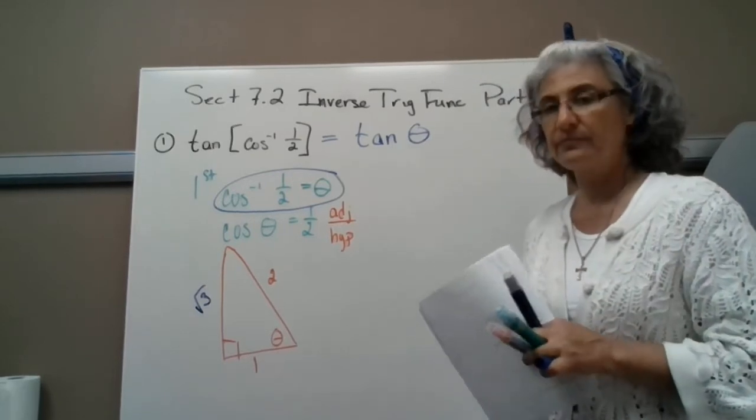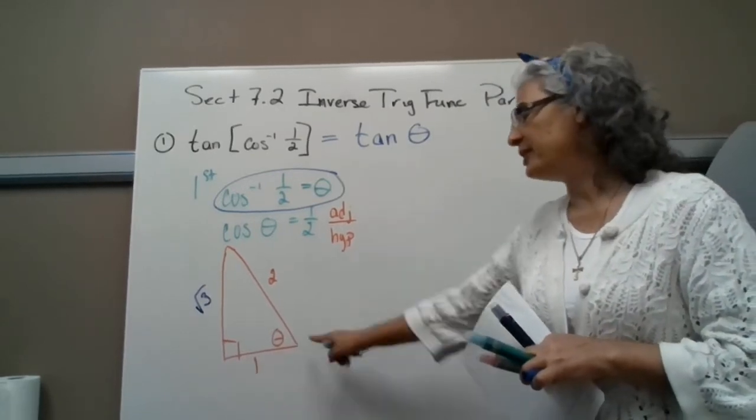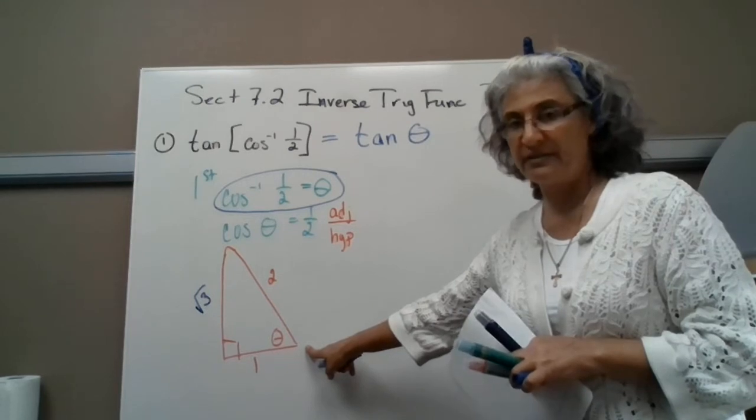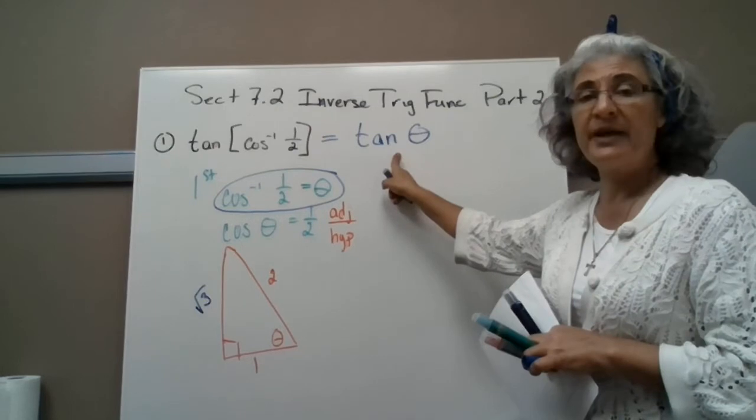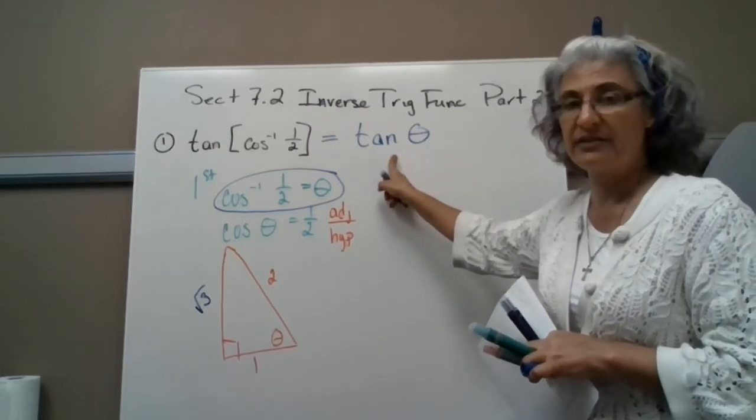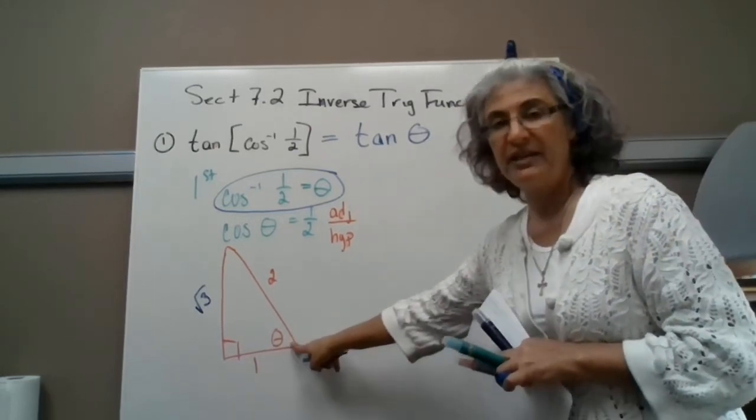Y'all with me? Okay. Now, you may know what theta is. You may not know what theta is. Let's just pretend we really don't know what it is. The problem asks me to find the tangent of it. Here's theta.